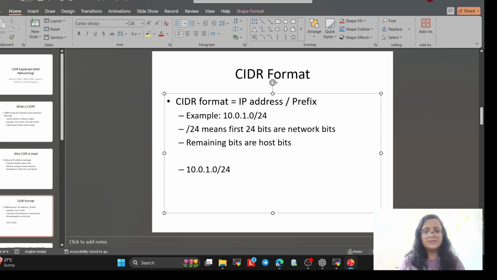Here the first part takes 8 bits, and a total of 32 bits will be there. The second part also takes 8 bits, the third also takes 8 bits, and the fourth also takes 8 bits. So 8 plus 8 plus 8 plus 8 is a total of 32 bits. This is the total structure we are going to work with.